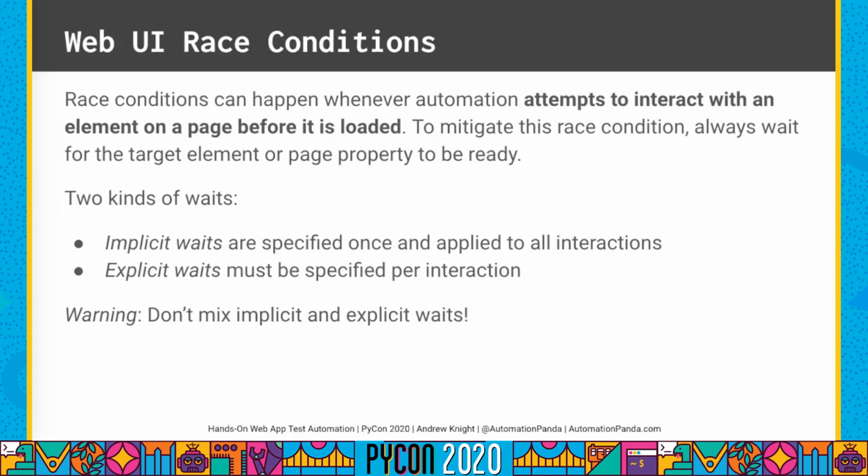As a warning, don't mix implicit and explicit waits. Your solution must use one way or the other. And that comes directly as recommended by the Selenium project itself. If you try to mix your implicit and explicit waits, you'll probably end up with some unorthodox behavior.